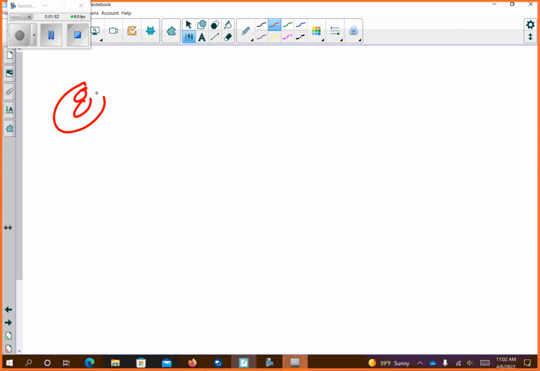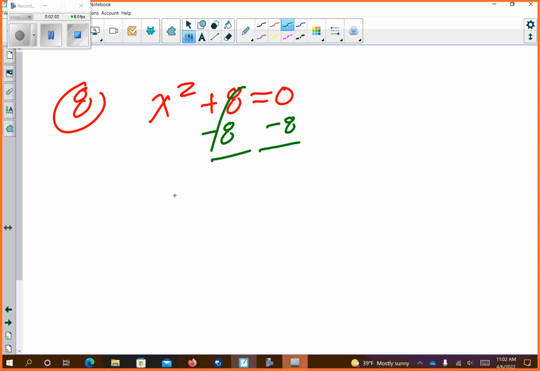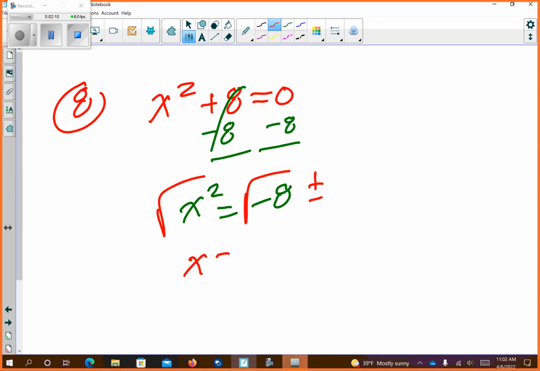Thanks for asking me number 8, because this is one of our newest ideas. Subtract 8, subtract 8. We're good there and there. Those cancel. I'm going to go root. Don't forget plus minus. What did I say to do when you have a negative under the radical now? What do I want you to put?